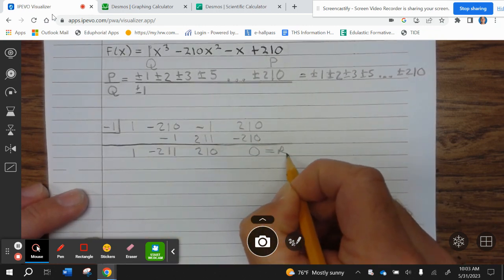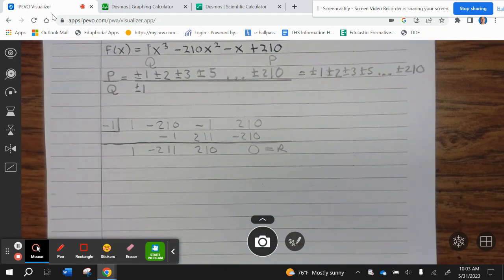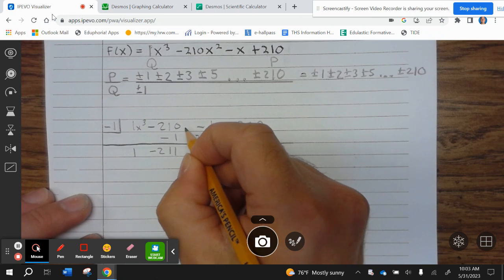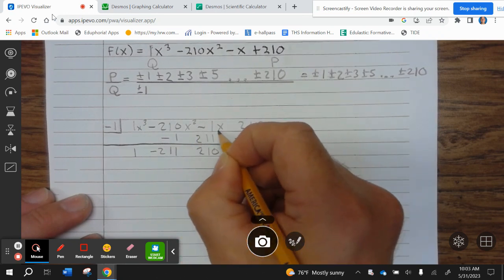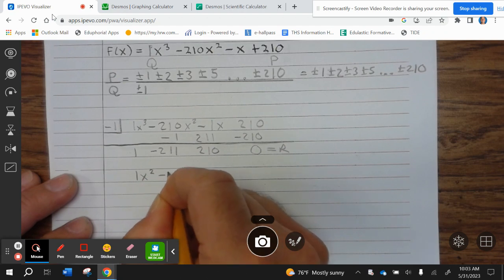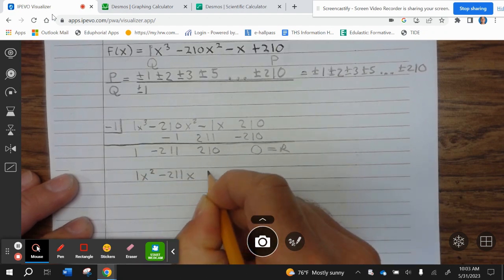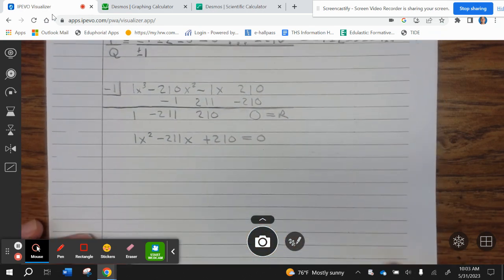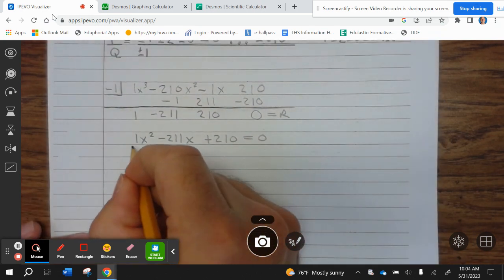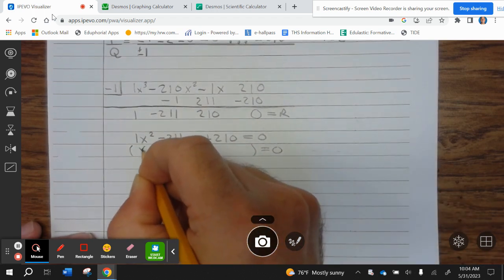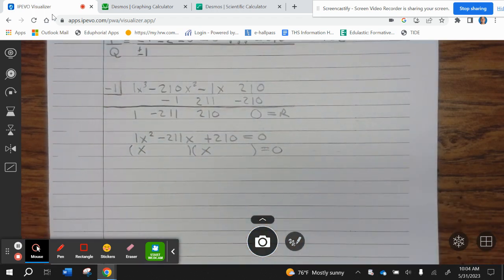The remainder is 0. Now, to find the other zeros, remember this was x cubed, this was x squared, and this was x. But when you divide, they reduce by 1, so that becomes 1x squared minus 211x plus 210 equals 0. To factor, two parentheses equals 0, we know x and x makes x squared.